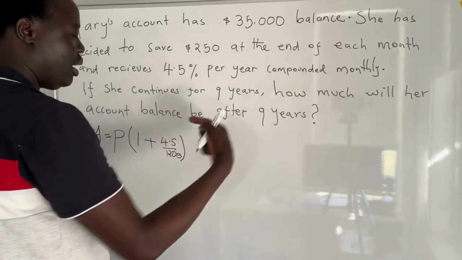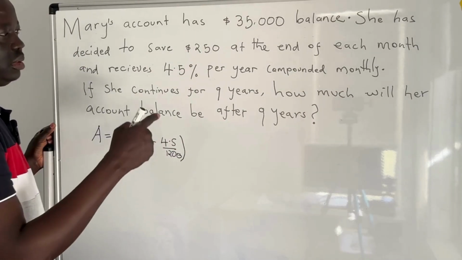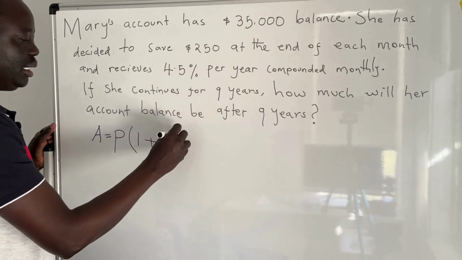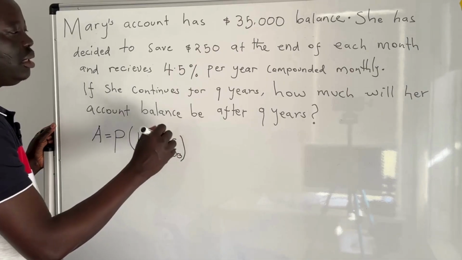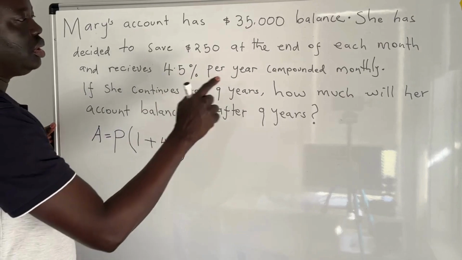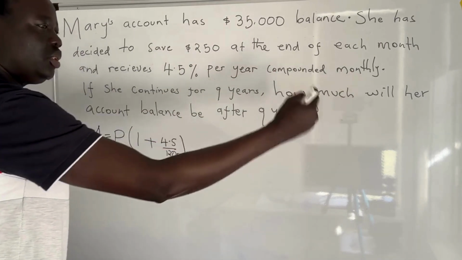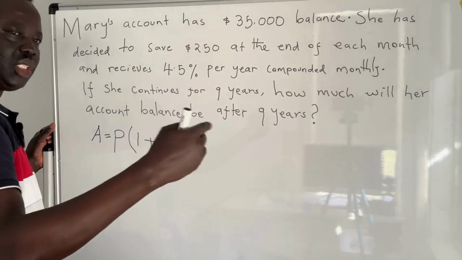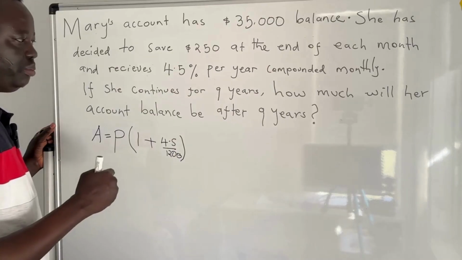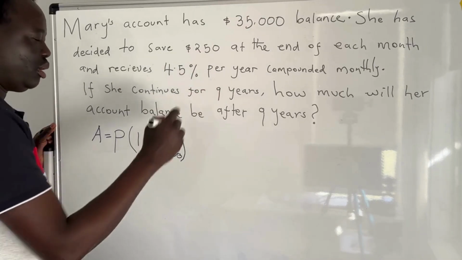Raised to the power. And this power is the number of periods that we will use here. And how are we going to get that? This is going to be n. So it's going to be 12, which is monthly, 12 months in a year, times the duration the money will sit in the account, which is 9 times 12.